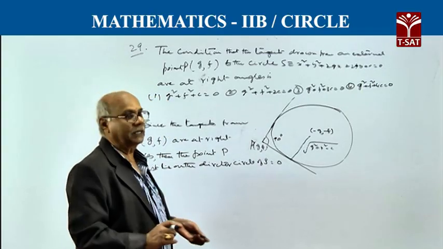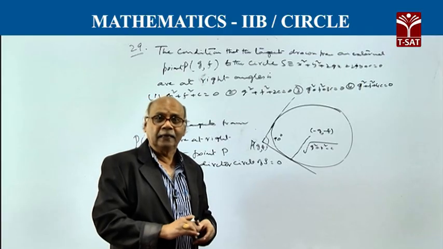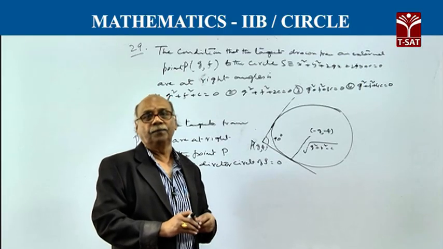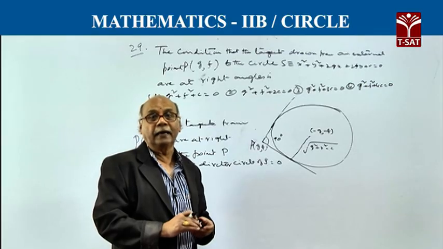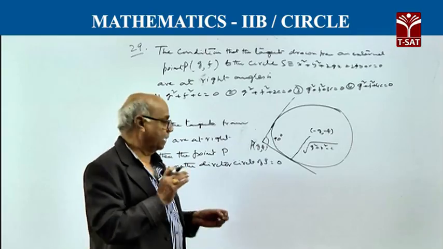And also you know that the equation of a director circle is a concentric circle whose radius is root 2 times the radius of the original circle.